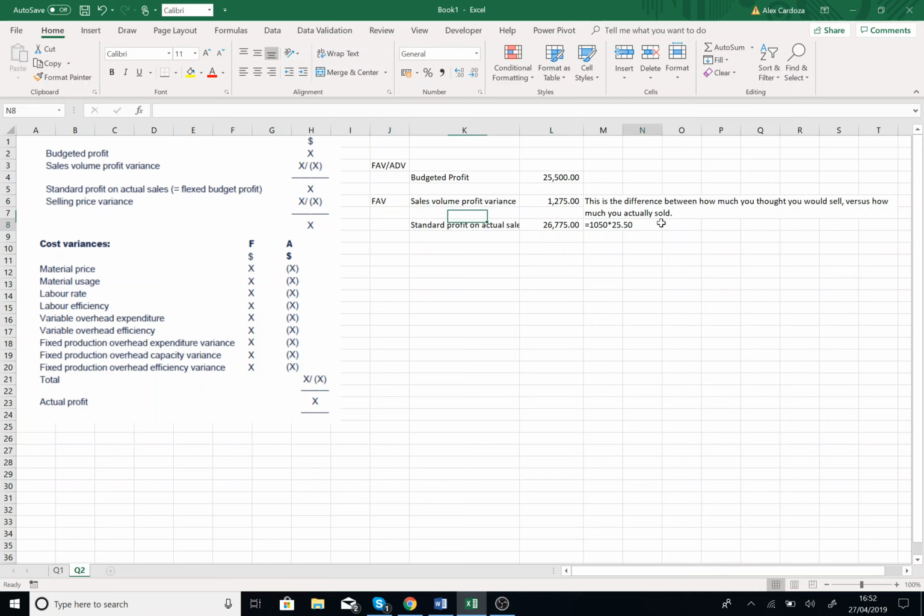When you flex your budget, you take the actual units you sold and you times it by your budgeted prices, okay? So you flex your budget to bring it up to realities. Instead of comparing 1,000 with 1,050, you're comparing 1,050 with 1,050. Because that brings you to comparing like with like, and you can see it's the same.